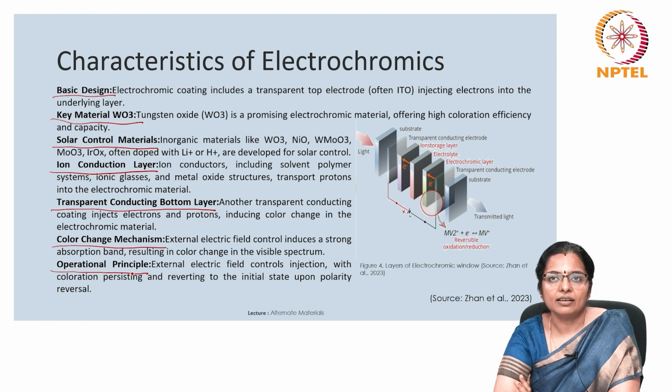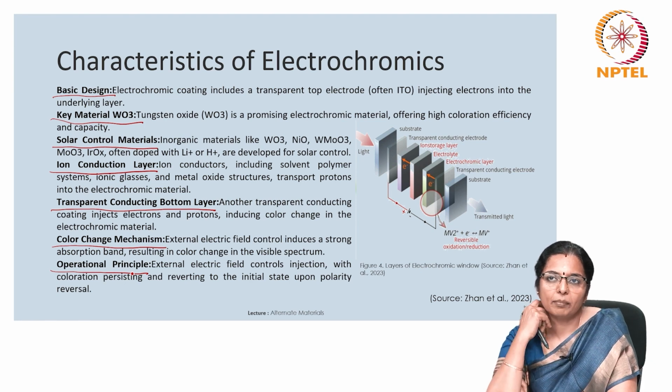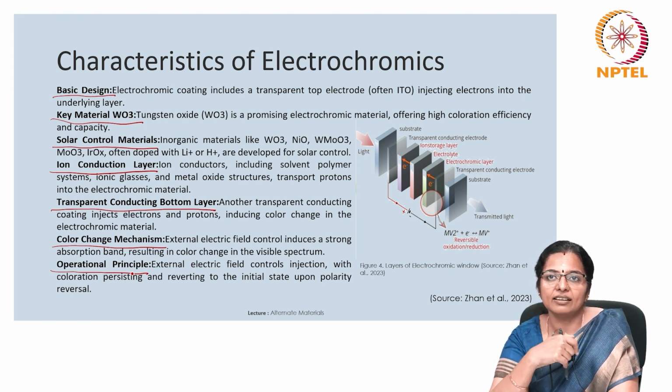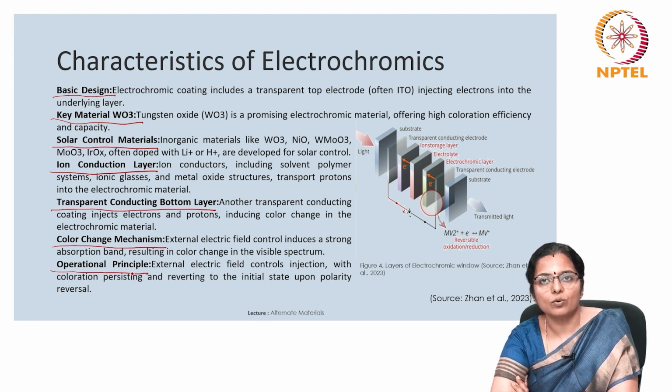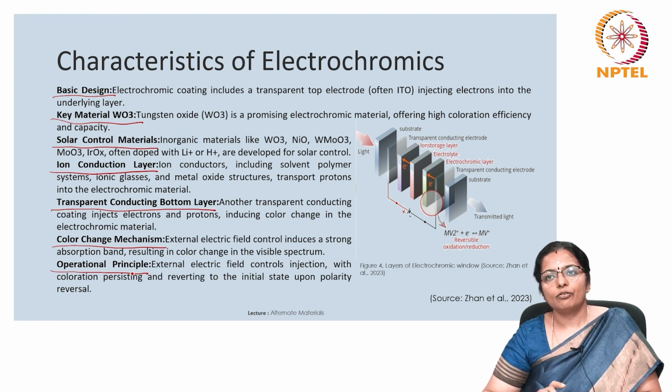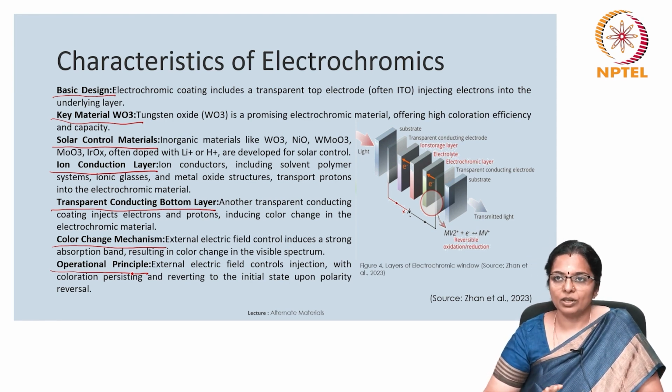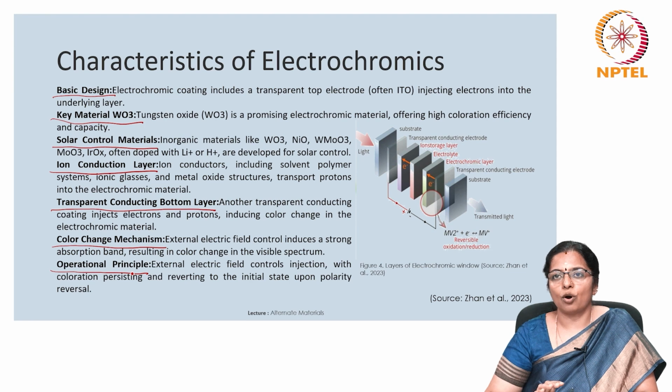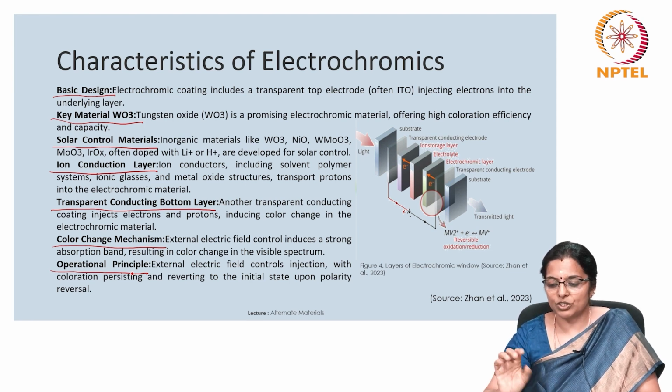There is a layer that helps move tiny particles and another clear layer that adds more particles to make the colors. When we use an electric field, it's like a remote control making the colors change. The best part is if we reverse the remote control, the colors go back to normal. It's like having a magic color switch: switch on, switch off, and the color changes.